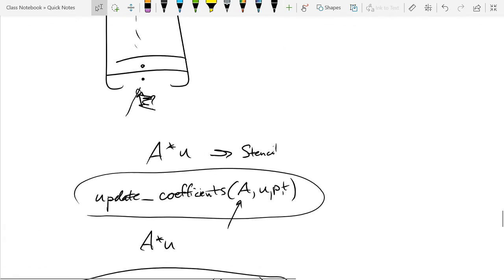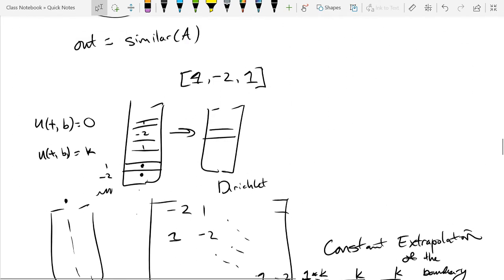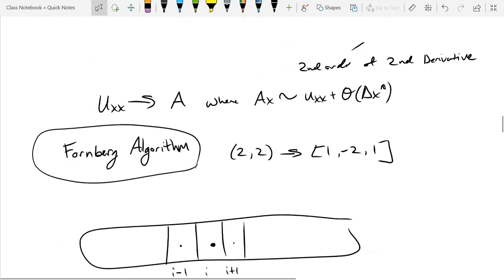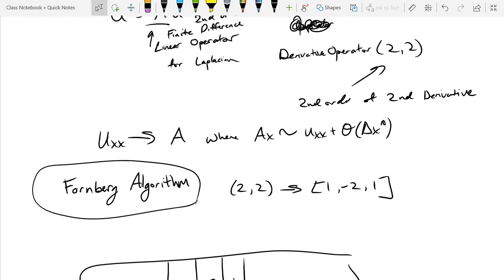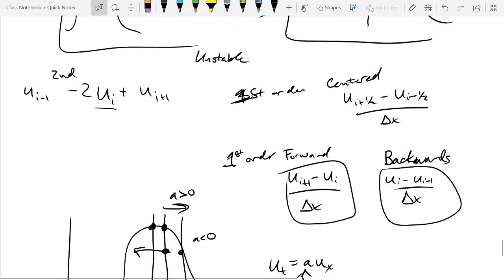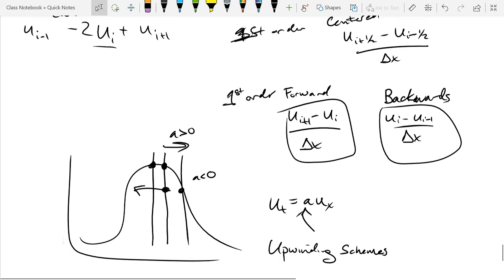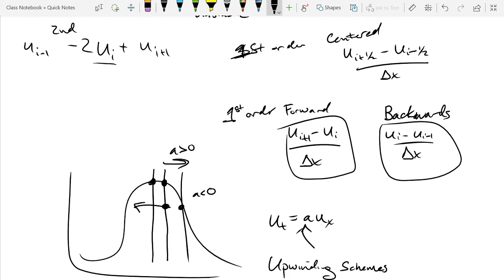I said before that the Fornberg algorithm gives out this stencil for how to do any order of differencing. Not only does it do the centered differencing, but it also gives you any of the forward or backwards difference stencils. It actually only gives the forward stencil, but the backward stencil is just it flipped.